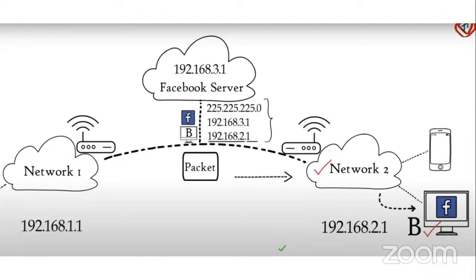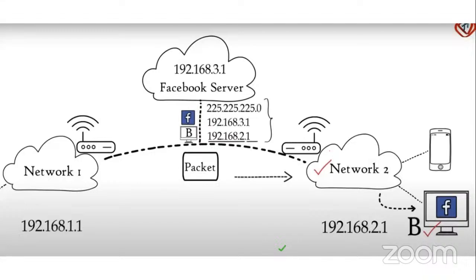So, sir, if another person has to request the Facebook server, then another IP address will be generated, right, sir? See, you can see network 2, no? The IP address 192.168.2, till 2, indicates network 2. Dot 1 indicates the first system.